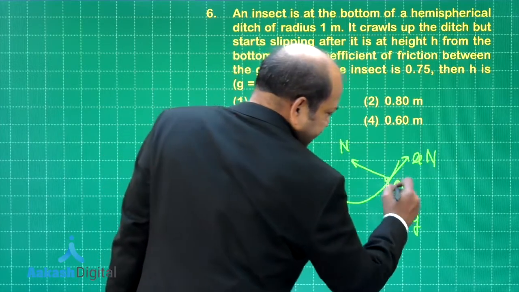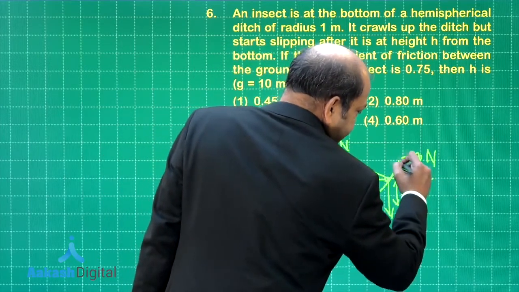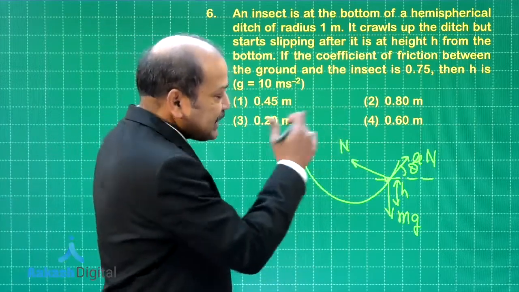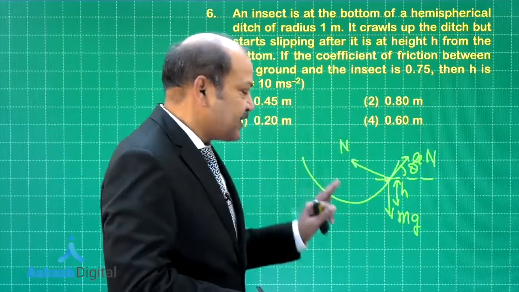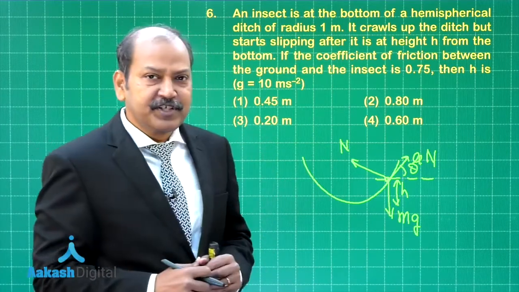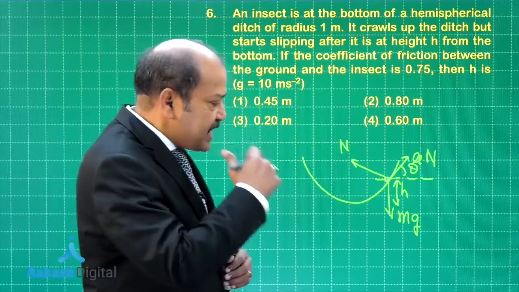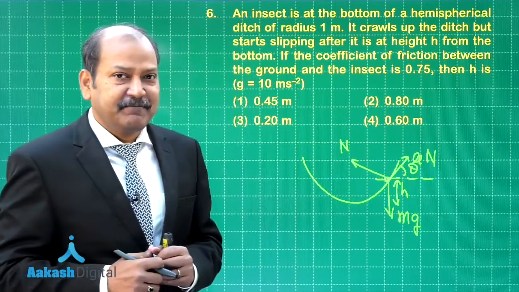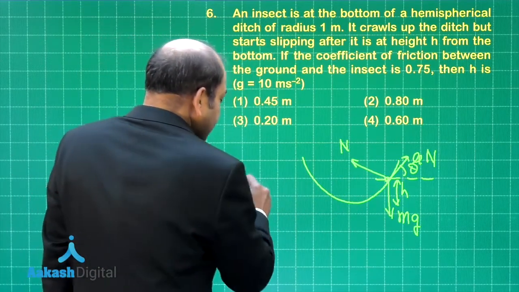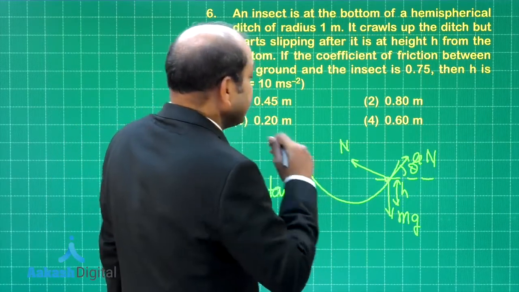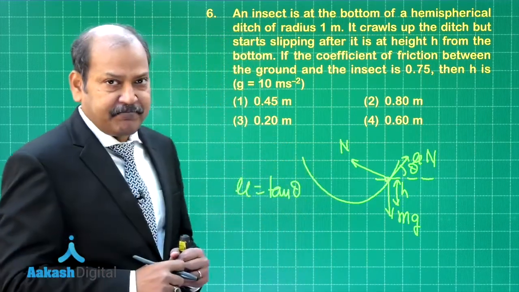And let's say that this angle is theta. So in fact, when we consider that the forces are in equilibrium, the resultant force is 0, the relation between mu and theta is mu equals tan theta.